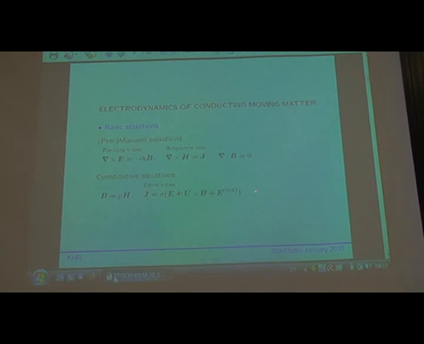The fact that you have no convection current is closely connected with the fact that I don't have the third Maxwell equation, divergence of D, displacement, equal to the electric charge density.